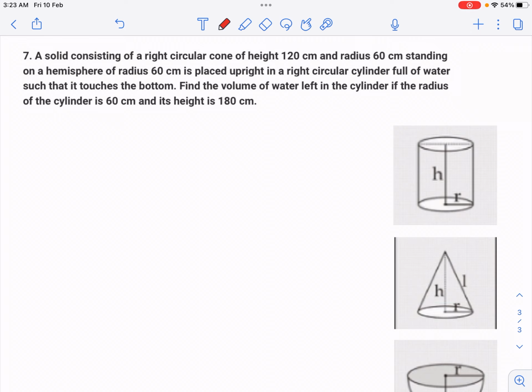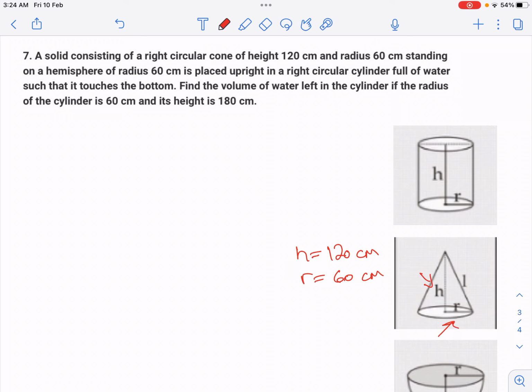So we have the first variable given, h, is equal to 120 centimeters, and a radius of 60 centimeters. So r is 60 centimeters. Here we have the height which is given, and also the radius.